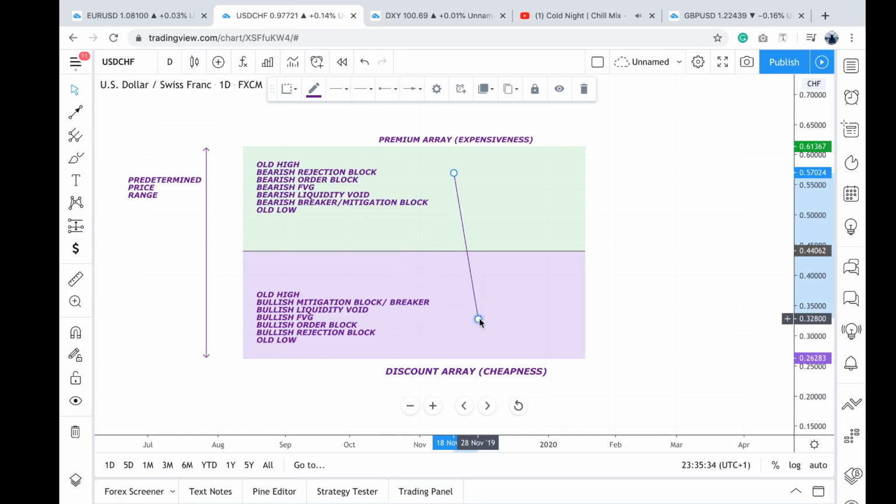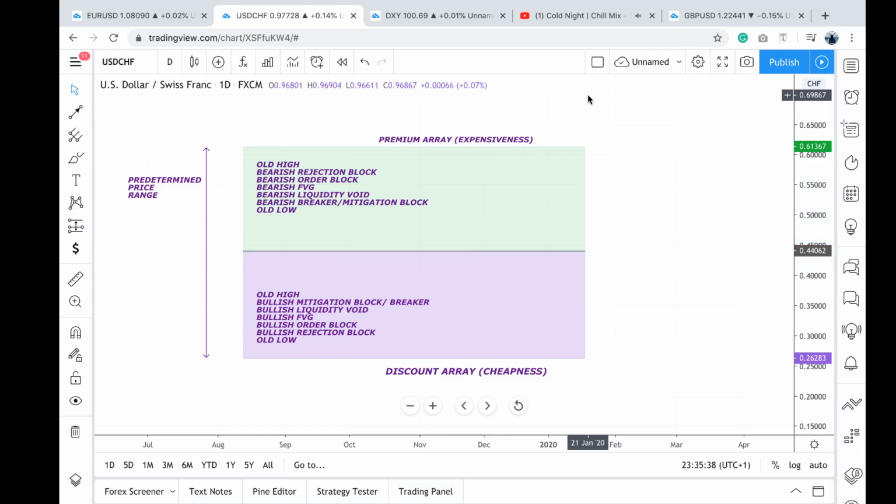Okay, so the question now is, how do you utilize the premium area and discount area? You can often use them to find entries on the higher time frames. When you're looking for sell moves, you want to look for any of these institutional reference points on the premium side to sell off of.